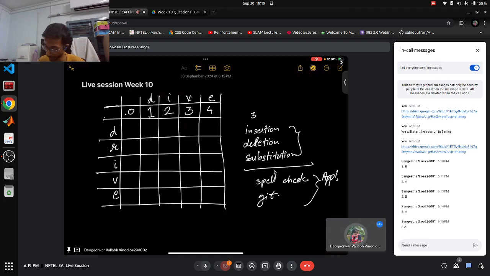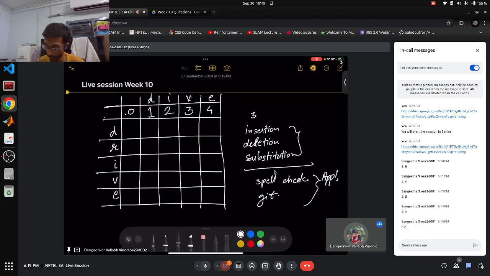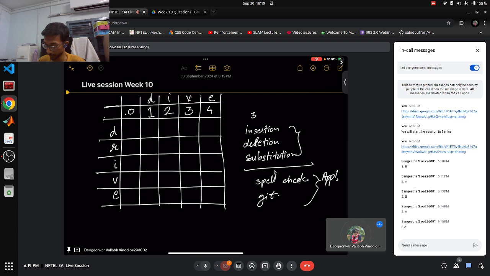So the idea is that you are basically counting the number of insertion, deletion or substitution operations, and the algorithm is made in such a way that the last entry that you will end up at this point will give you the minimum number of operations required to convert from one word to the other. So we are doing it one letter at a time.